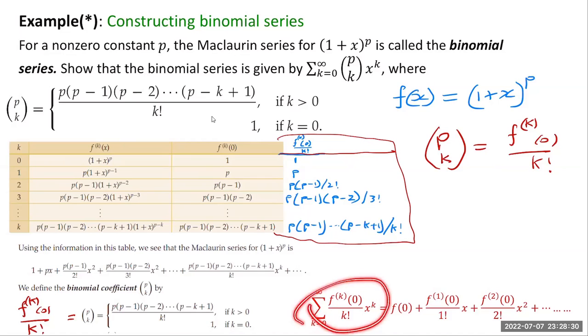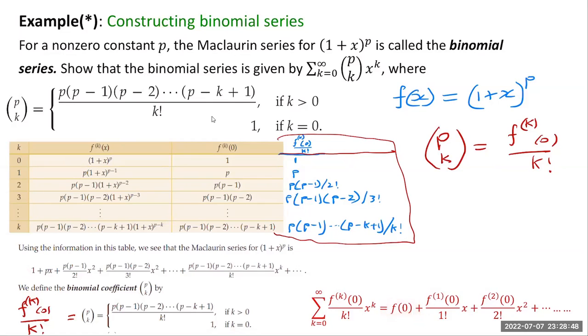When k is equal to 0, you just get f of 0. When k is equal to 1, you plug in k equal to 1, then you get the next term. And this is when you plug in k equal to 2, so on and so forth. All of these are known. f of 0 is just 1.